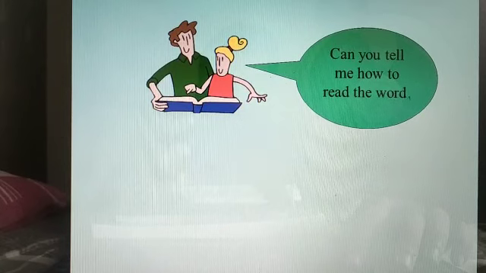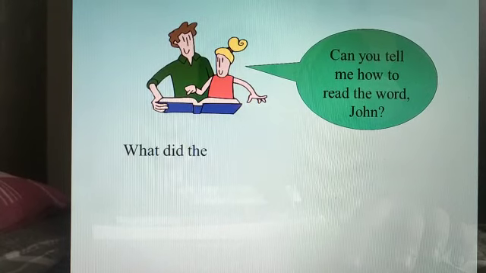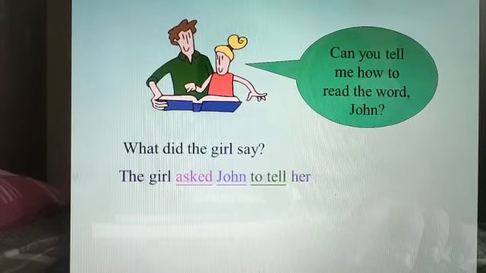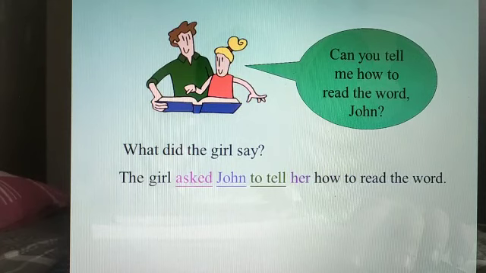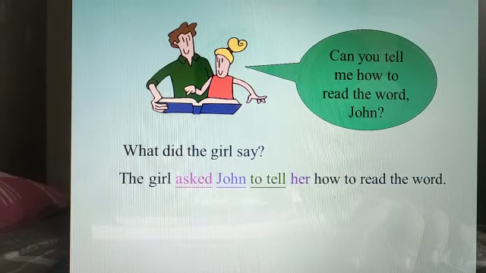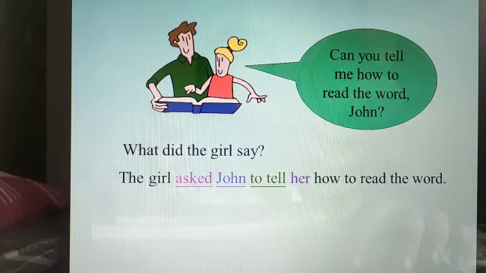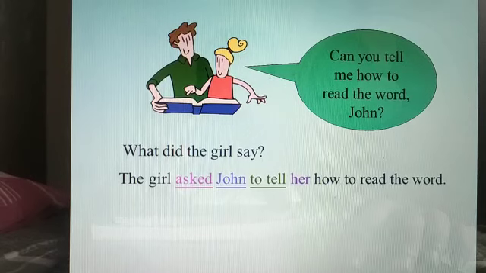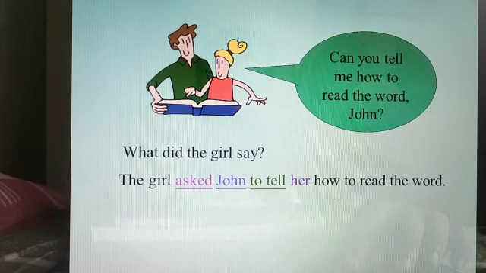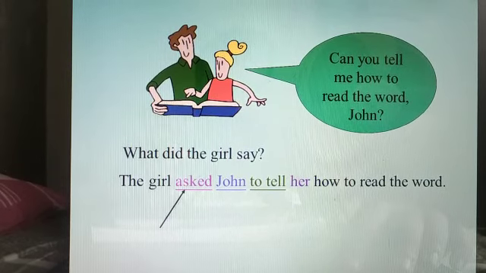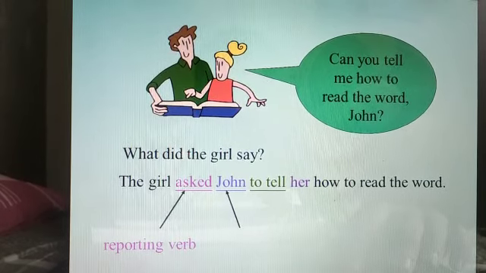Can you tell me how to read the word, John? What did the girl say? The girl asked John to tell her how to read the word. So you can see the change in the indirect speech where to plus infinitive has been used. Asked, that is reporting verb.